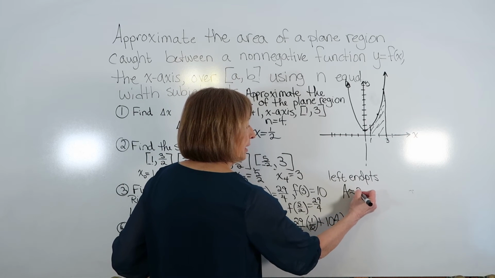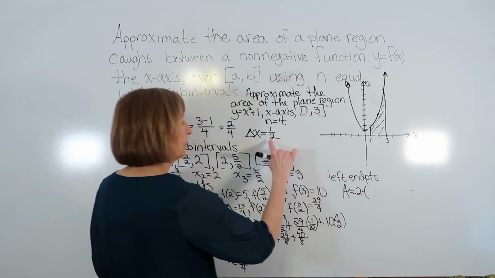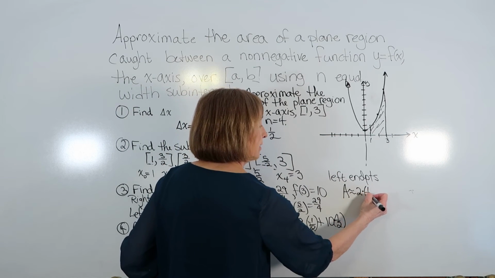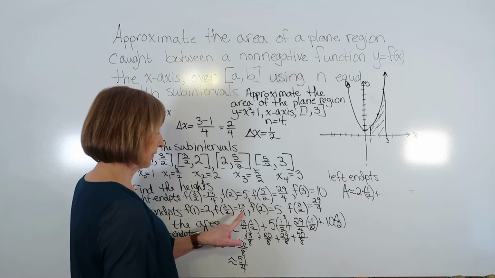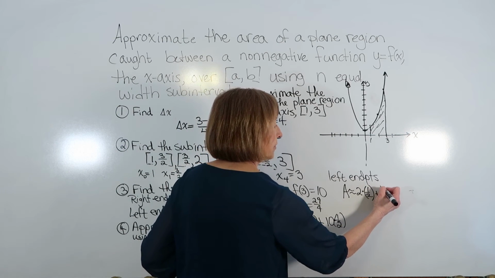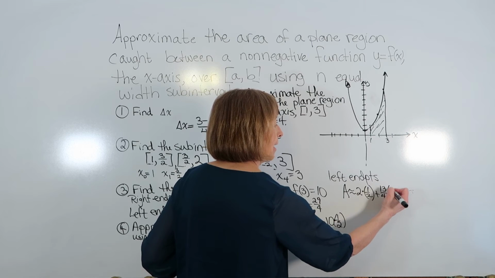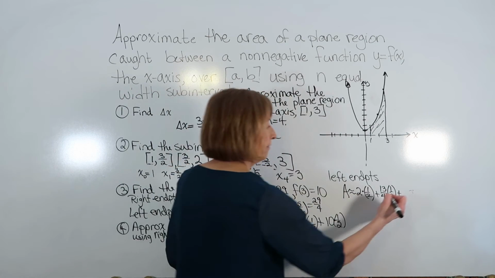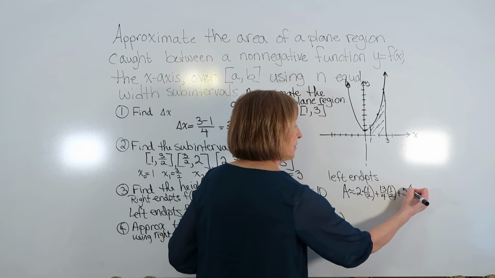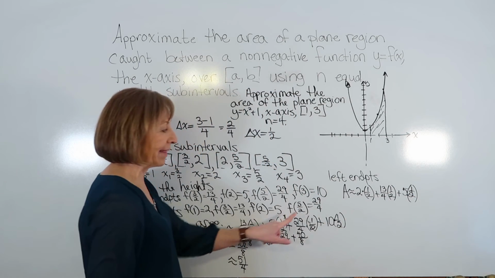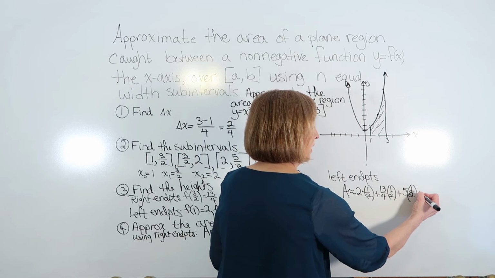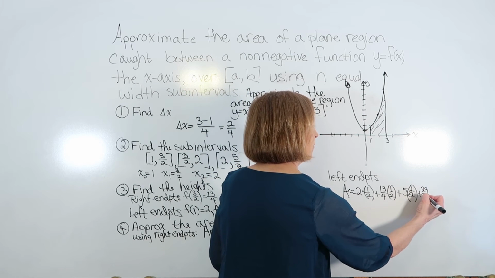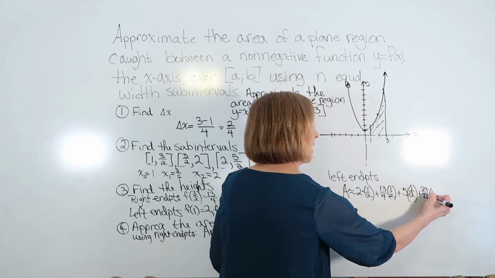So that's going to be 2 for the height times 1/2 for the delta x, plus 13/4 for the height times the 1/2 for the width, plus 5 for the height times the 1/2 for the width, and then plus 29/4 for the height times 1/2 for the width.